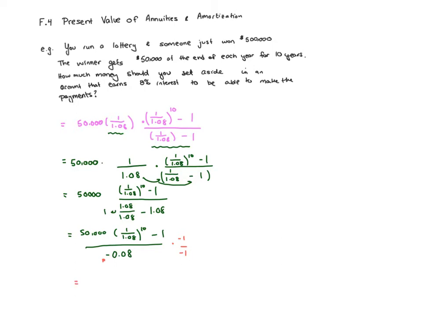When I multiply the top by negative 1, the first term, we'll keep the 50,000 out front. The first term becomes negative, so I have negative 1 over 1.08 to the 10th minus 1. Oh, that becomes plus 1 because I'm distributing that negative 1 to both of them. And I divide that by a positive 0.08. So finally, I like to have my positive number first and my negative number second, so I'm going to switch the order in that numerator.